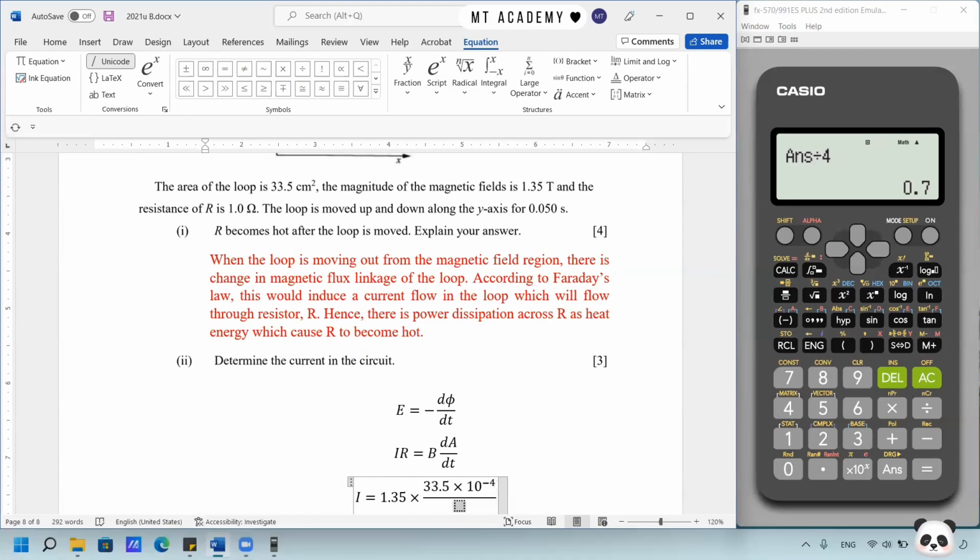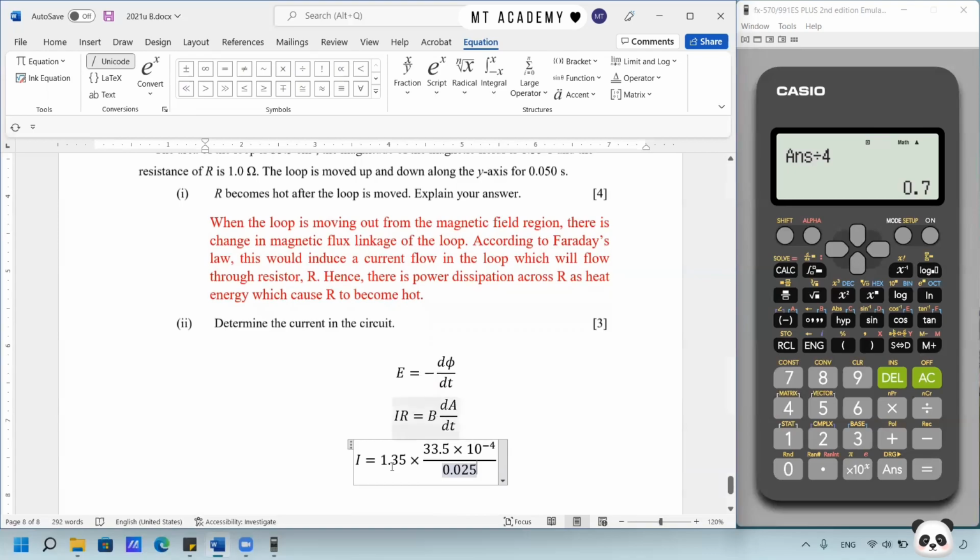Here I will assume moving out is 0.025 seconds. So this is what we can do. 1.35 multiplied by the change in area, that is moving fully out from the magnetic field, 33.5, divided by the time.